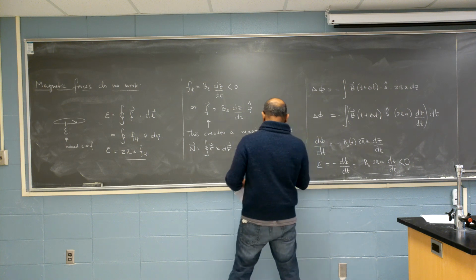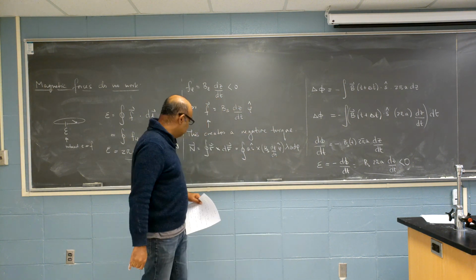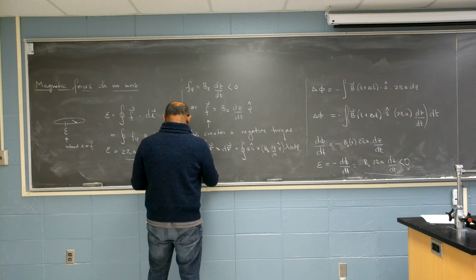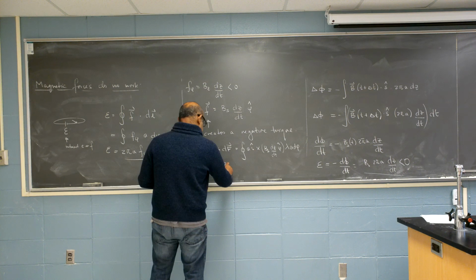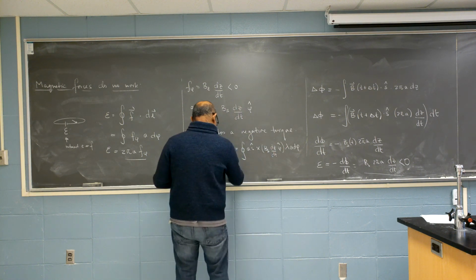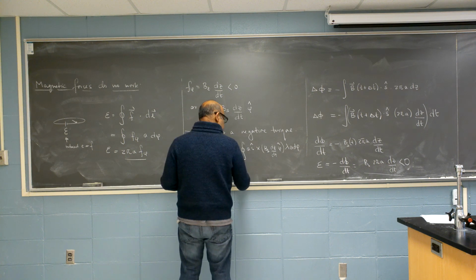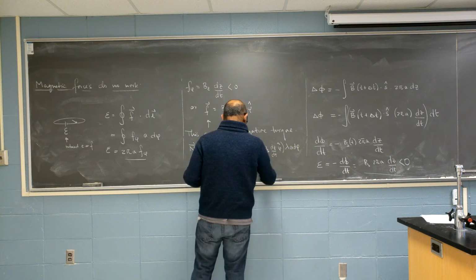And so a few things. s hat cross phi hat is what? z hat. This is Bz dz/dt, a times a squared, there's a lambda, and d phi is 2 pi z hat.